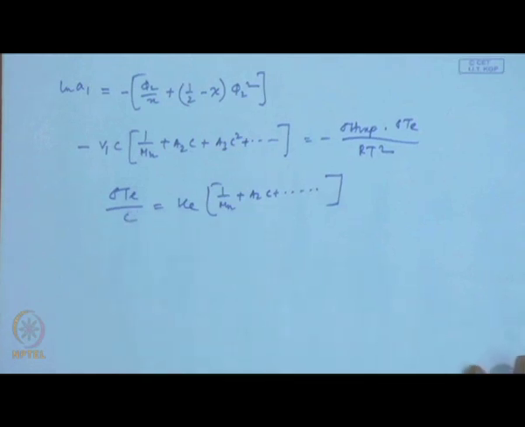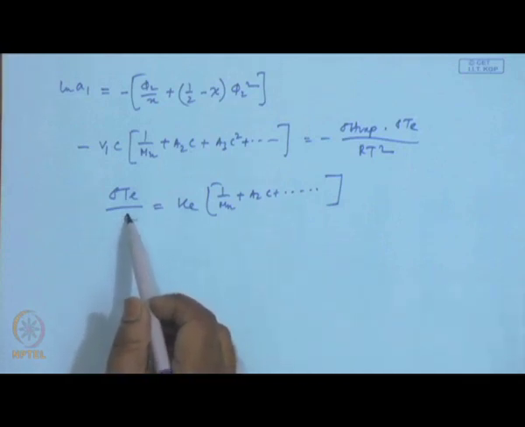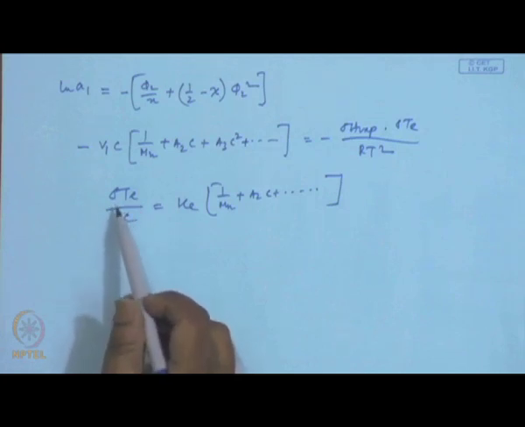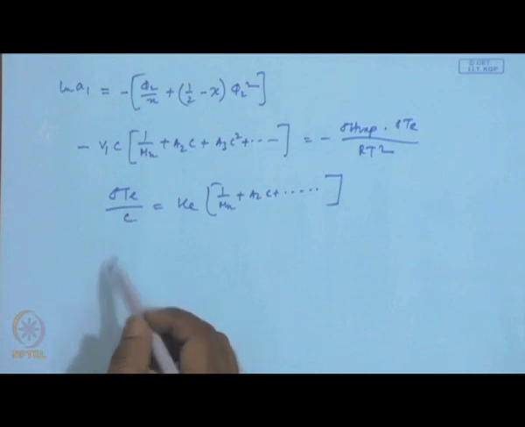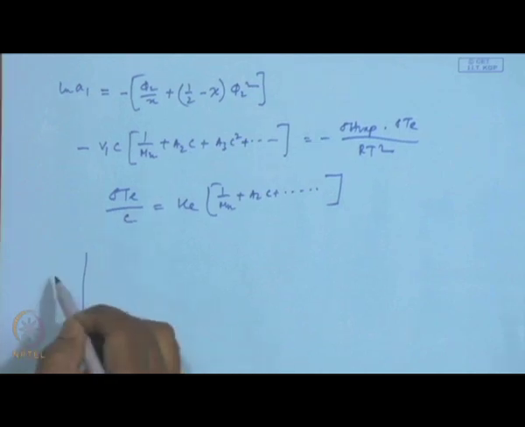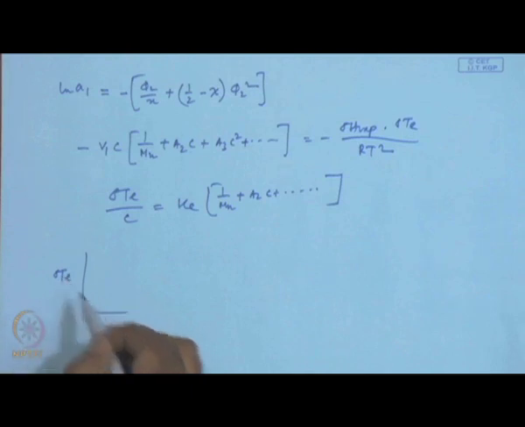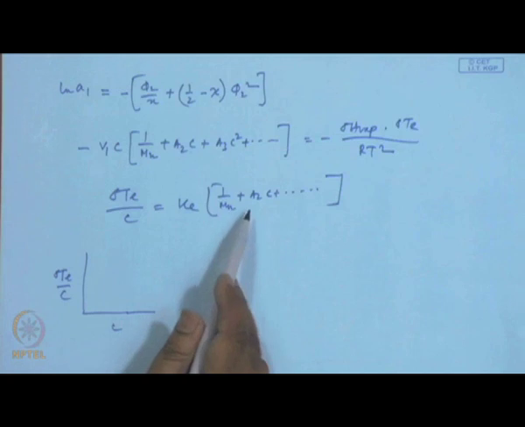We can make five or a few different dilute solutions of different concentration, measure the delta Te, and then plot delta Te by C with concentration to get Ke by Mn and A2.